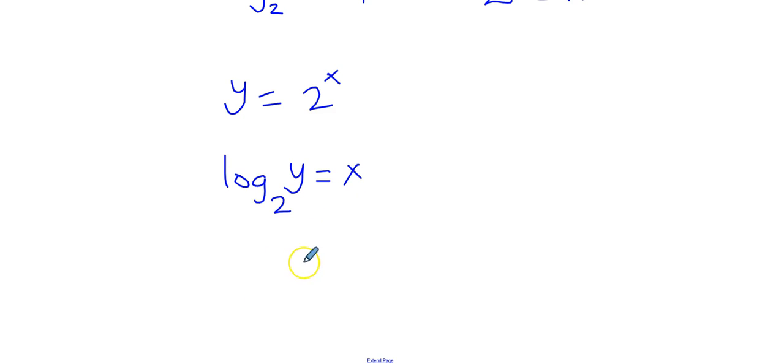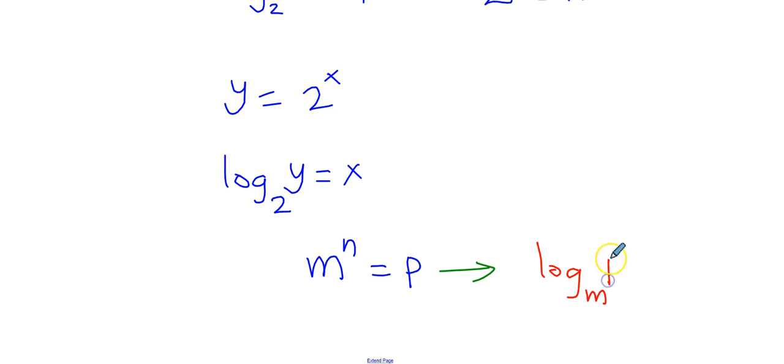Suppose you have m to the power of n is equal to p. What is the logarithmic form of this? I'll write log base m, I identified the base as m, of that number p is equal to the exponent n.